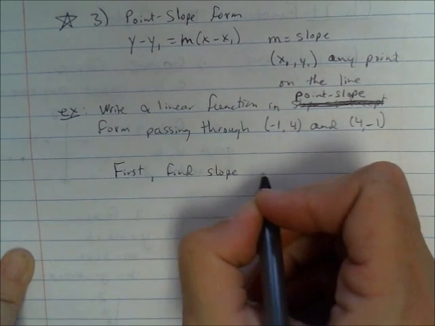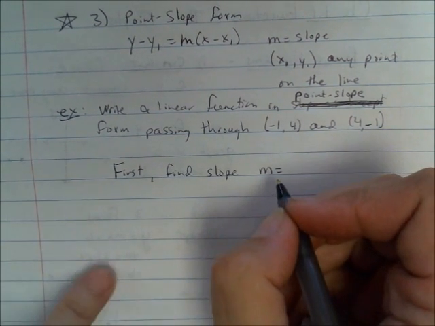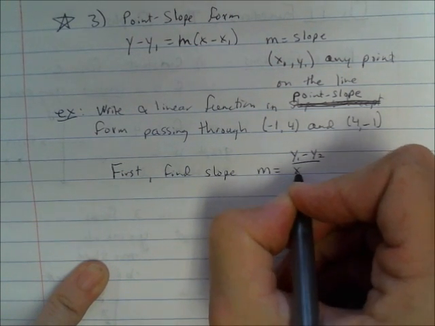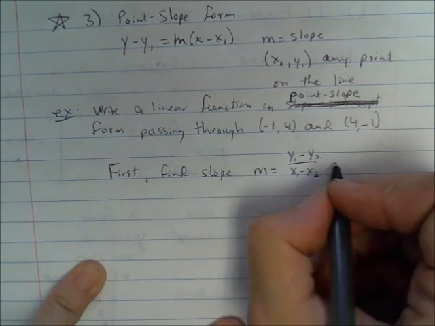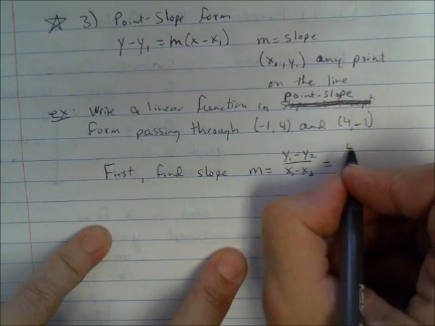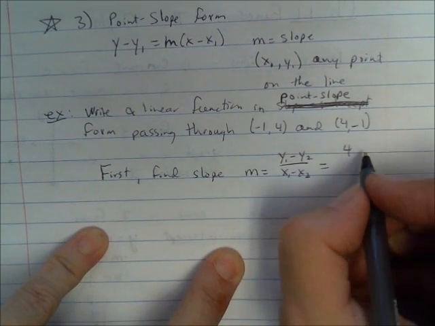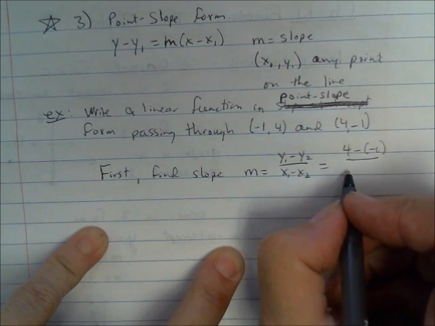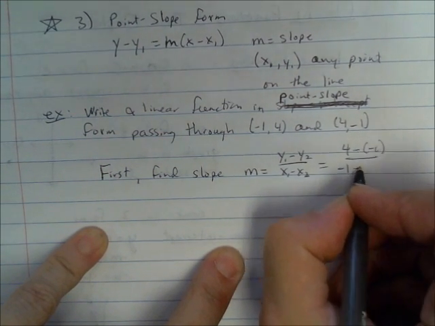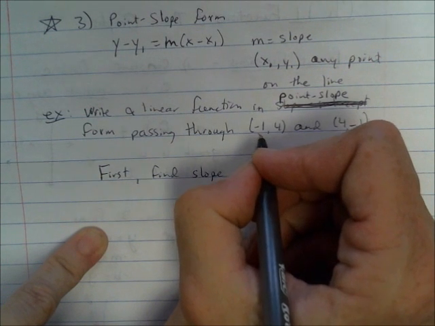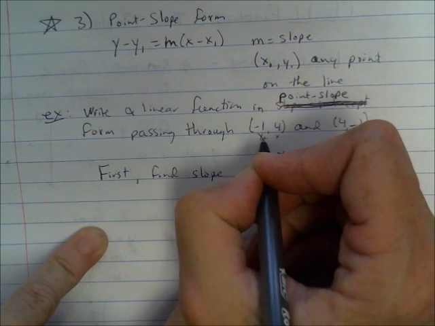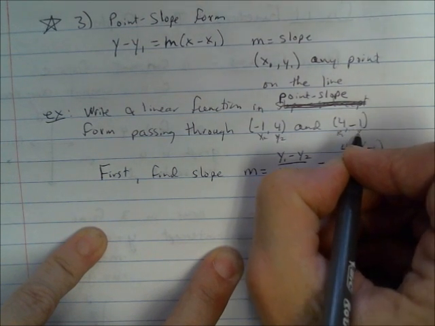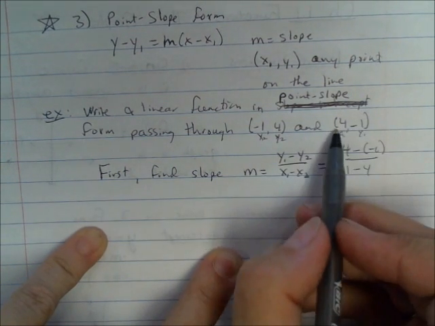And if you remember the slope formula, the slope is rise over run, which is y1 minus y2 over x1 minus x2. And in this case, it's 4 minus -1 all over -1 minus 4. I'll just call this x2 y2, and we'll call this one x1 y1.